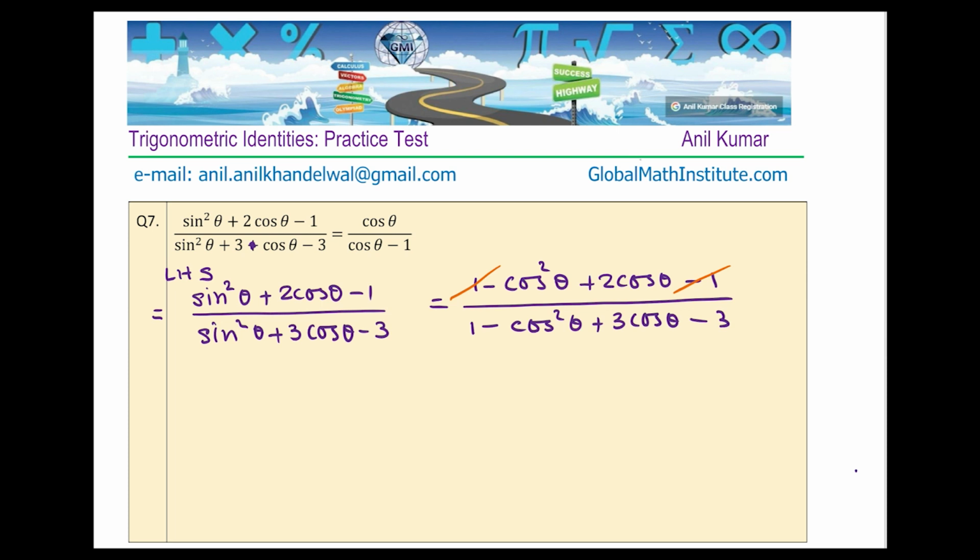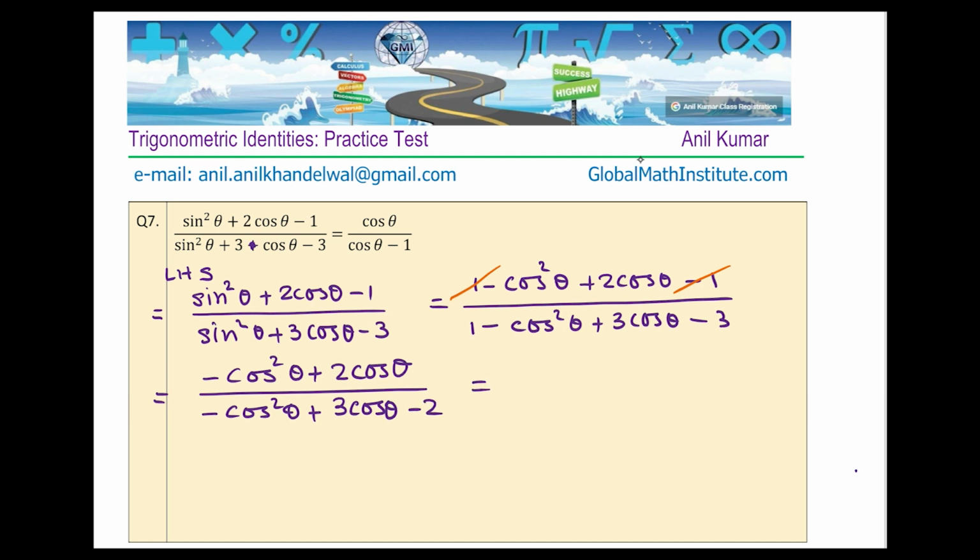And we are left with minus cos²θ plus 2cosθ divided by, and here 1 minus 3 will give us minus 2, right? So we have minus cos²θ plus 3cosθ minus 2, correct?